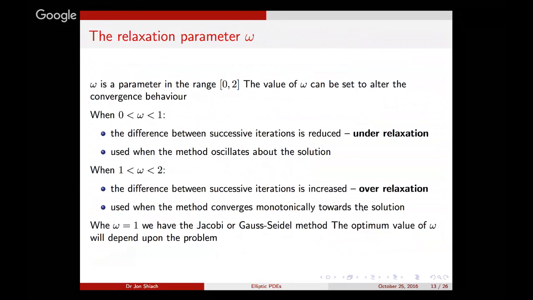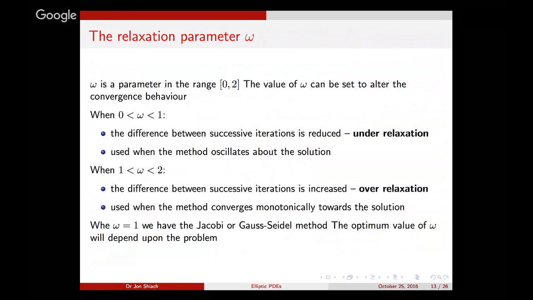Sometimes, if we apply indirect methods, it bounces about the solution like that, and eventually converges on the dotted line. This is our first estimate, here's my second estimate. You can see the difference has overshot the solution.